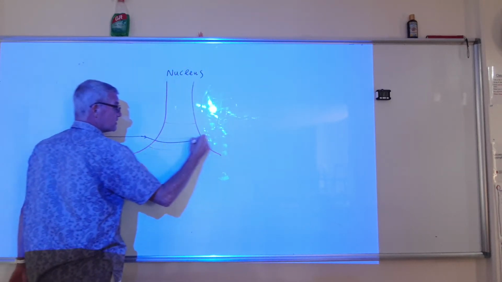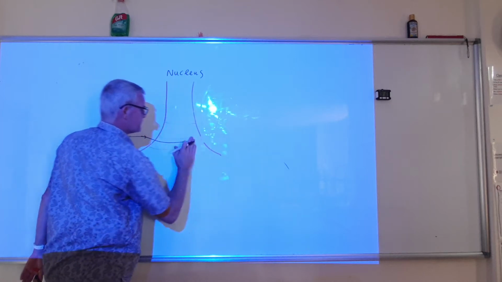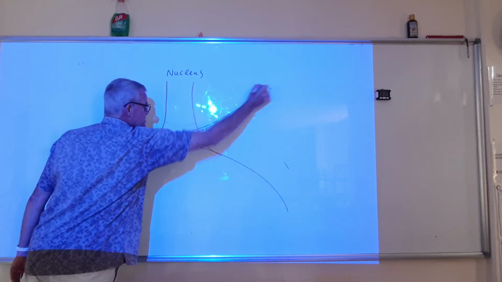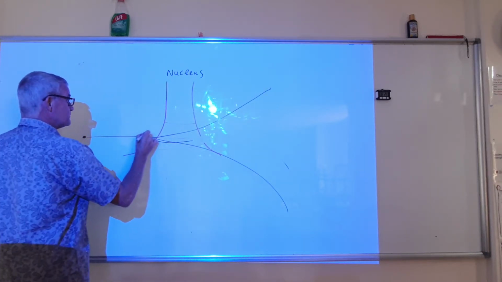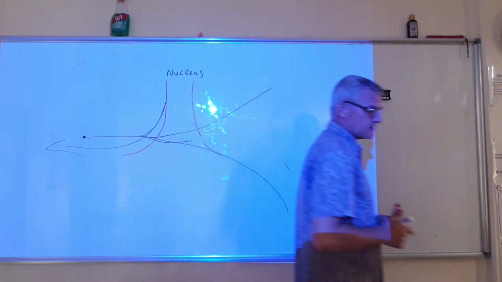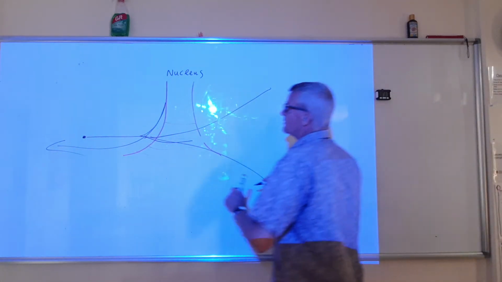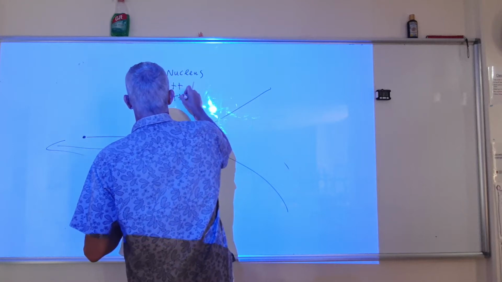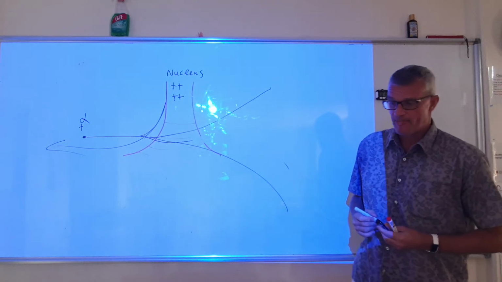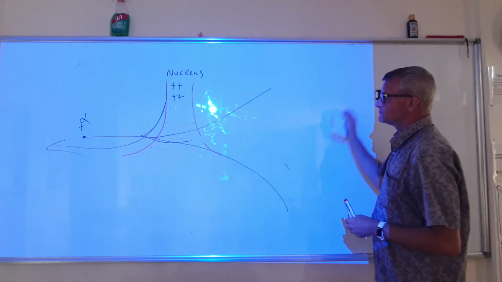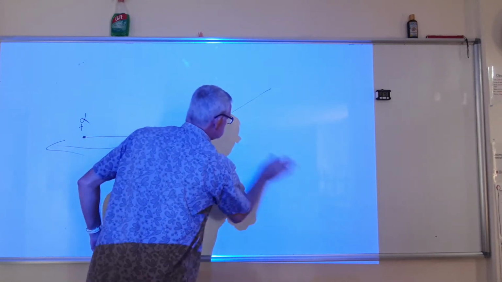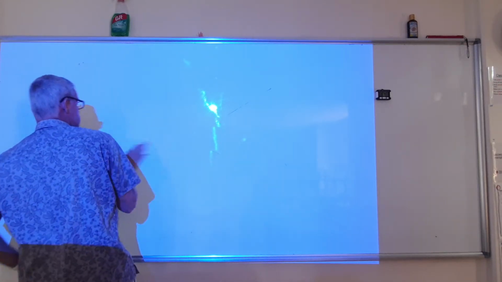They go in different directions when they are close, or even going back, so that you have an idea that the nucleus is positive, and the alpha particle is positive, okay?